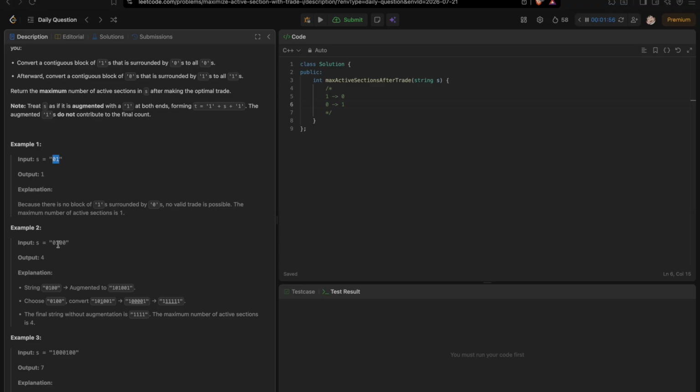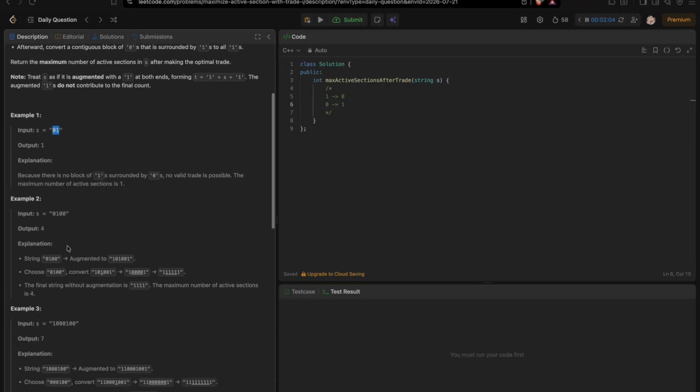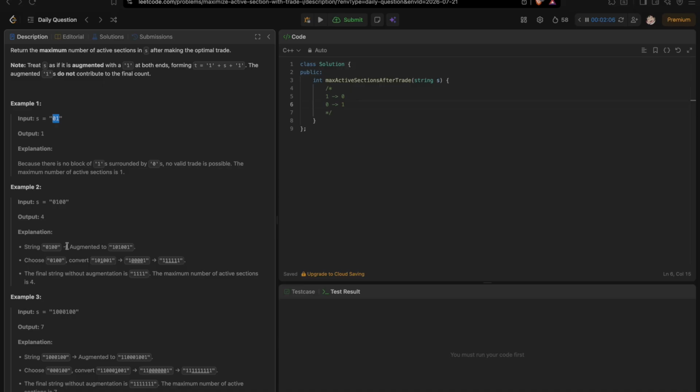Instead we can convert 1 to 0 and all zeros to 1, which takes two operations. So at final we will be having four ones.